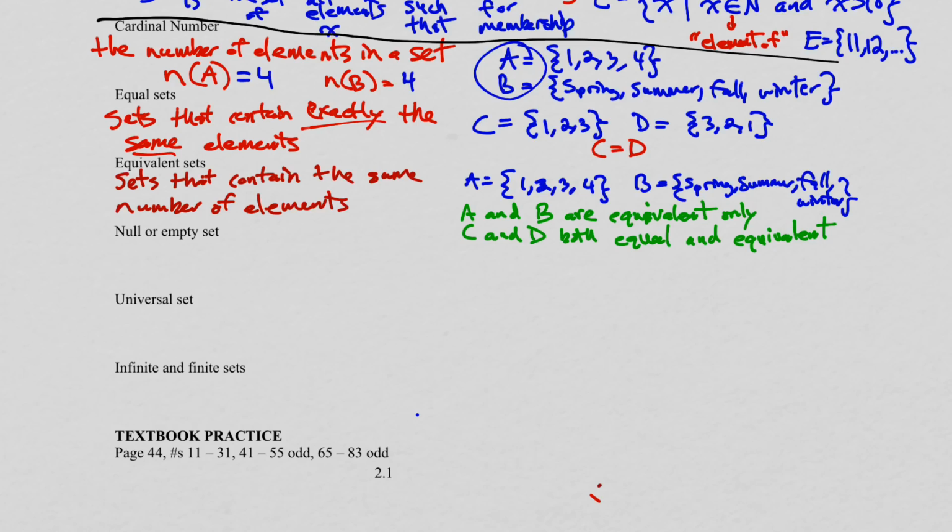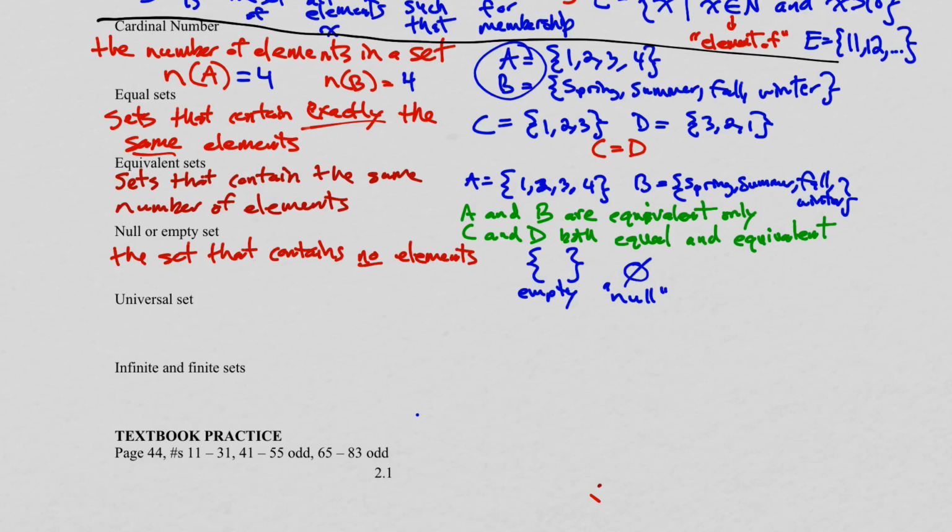Null or empty set. The set that contains no elements. Okay, none. So that would look like this. Okay, this is called empty. And a circle with a line through it is called null.